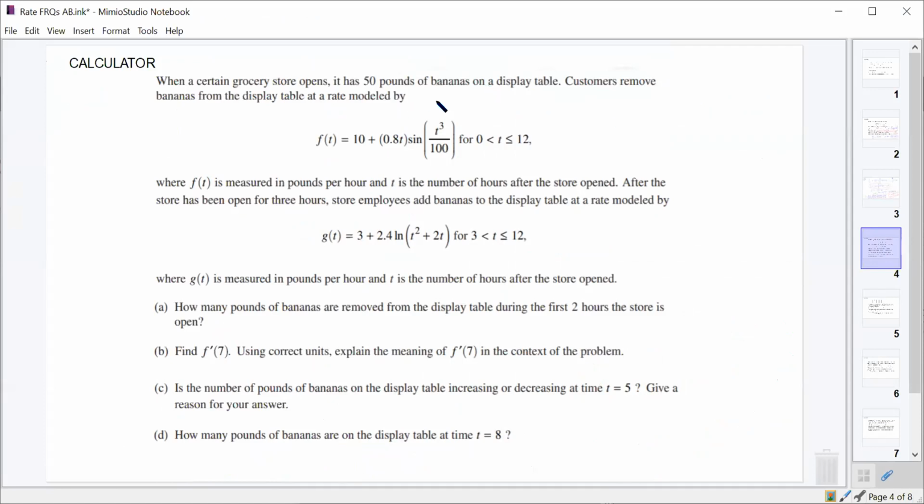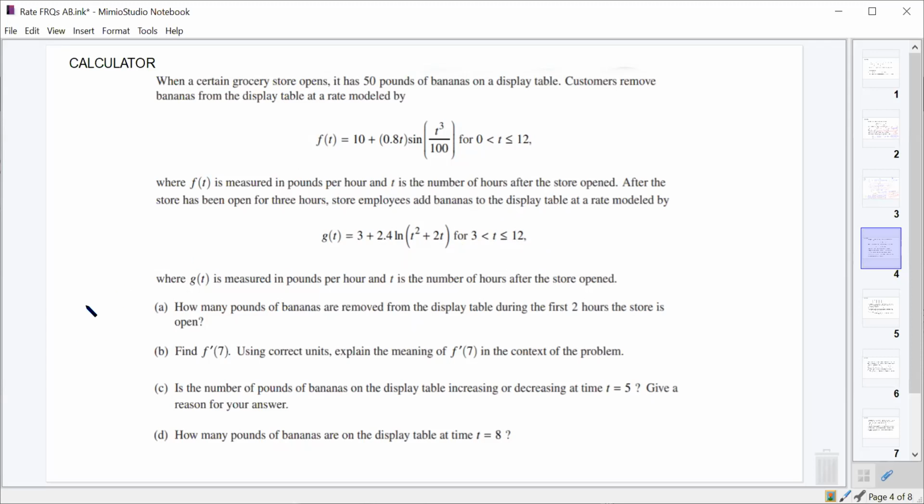Customers are removing the bananas at this rate for t equals 0 to t equals 12 hours. And then after the store has been open for 3 hours, store employees start adding more bananas to the table at this rate, 3 plus 2.4 natural log of t squared plus 2t, from 3 to 12. Only from 3 to 12, because only after 3 hours did they start doing that.